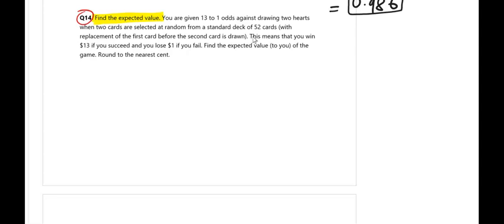You are betting on drawing 2 cards as hearts. That means if you succeed, if you get both cards hearts, you win $13. If not, you lose $1. Find the expected value to you of the game, rounded to the nearest cent.